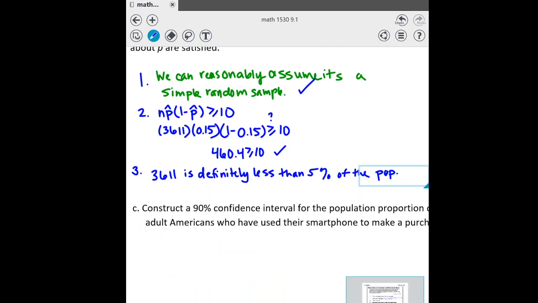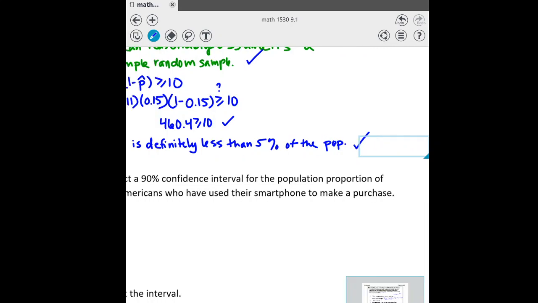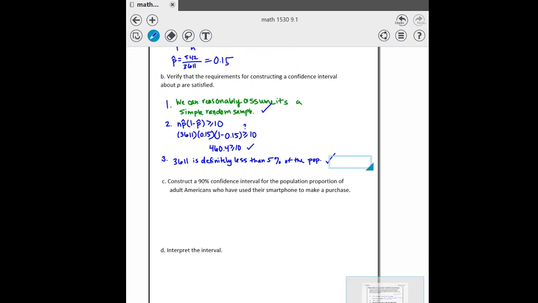We don't need to know the numbers, but 3,000, or even if we round that to 4,000, is definitely less than 5% of 6 million or whatever. We have a ton of adult Americans in the United States, so this requirement is definitely met. All right, so because all three requirements are met, then it's totally fine for us to construct a confidence interval.